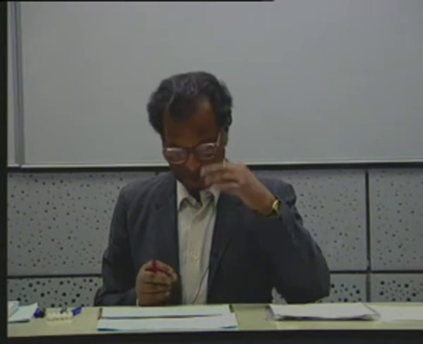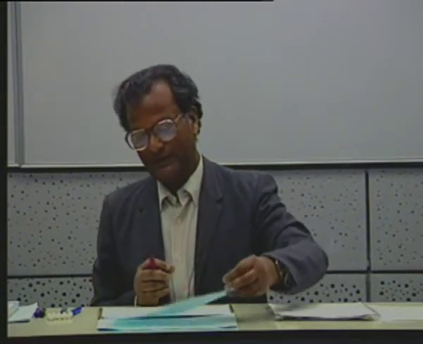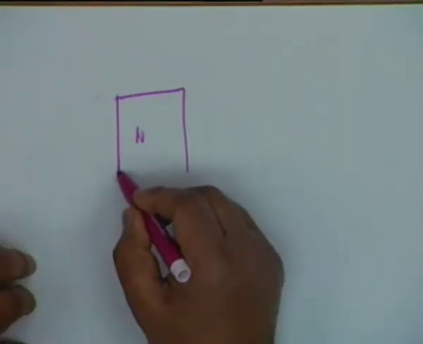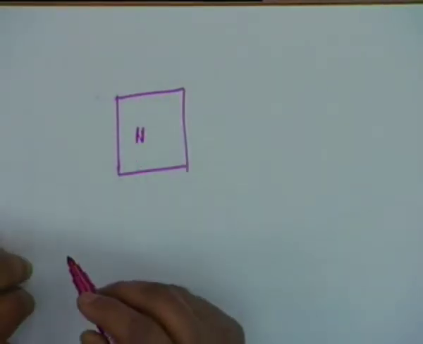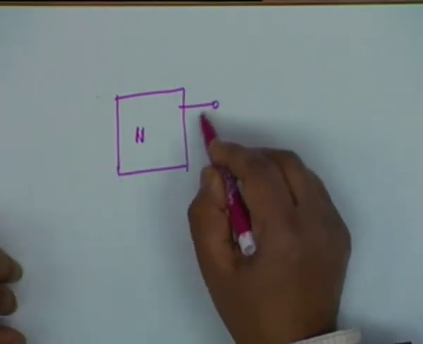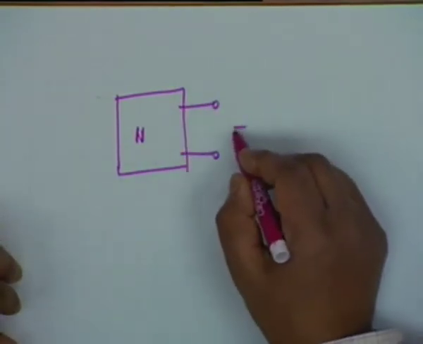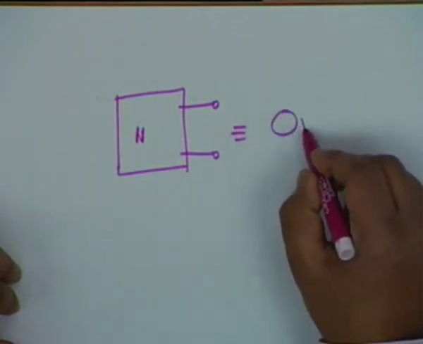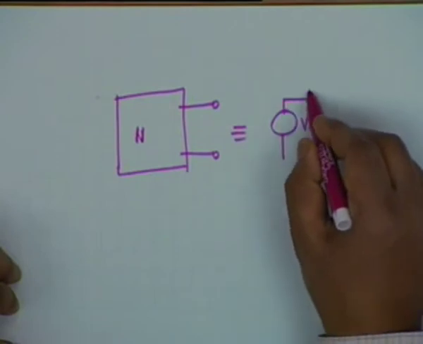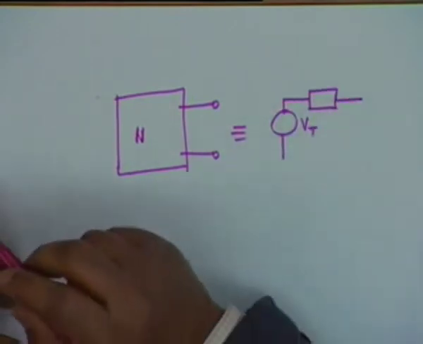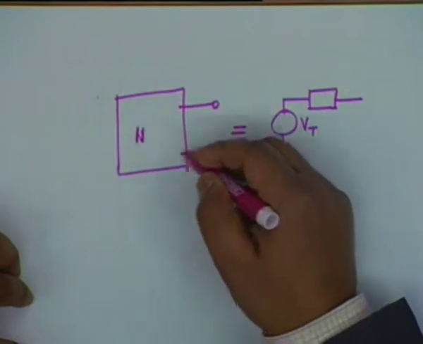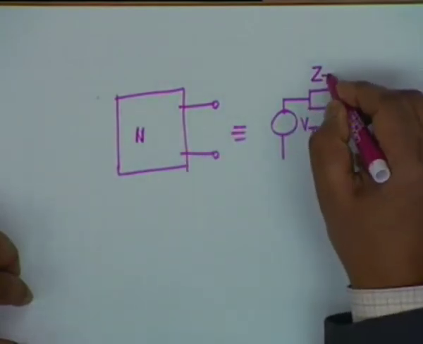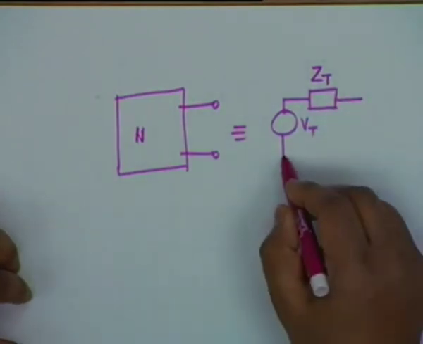So the end result is that given any network N which consists of sources and linear elements, well, Thevenin's theorem says that it can be reduced to a voltage source Vt in series with not a resistance now, because it could contain inductance, capacitance and resistance, and therefore some impedance Zt.